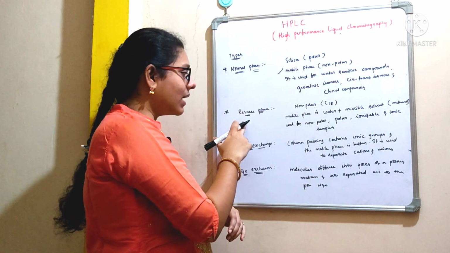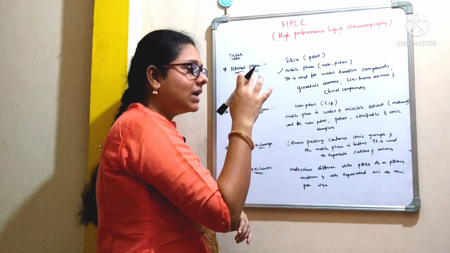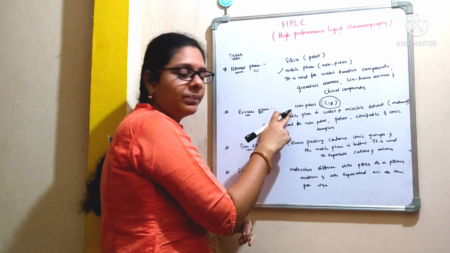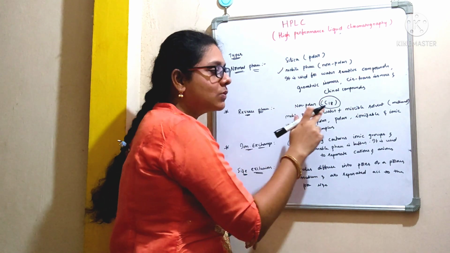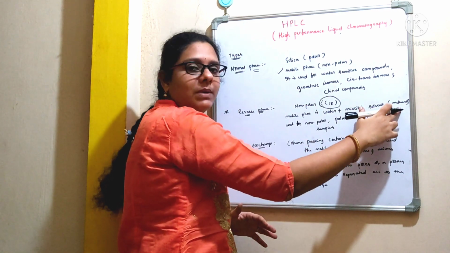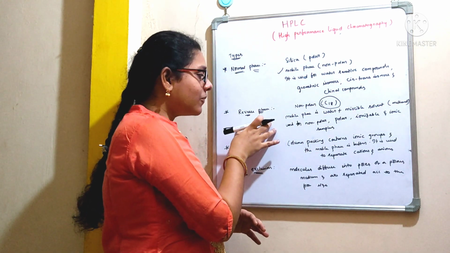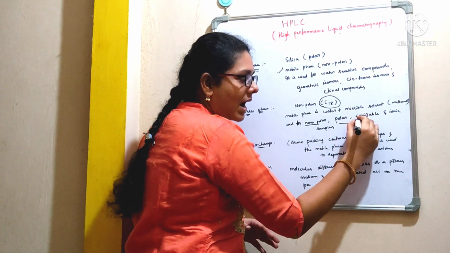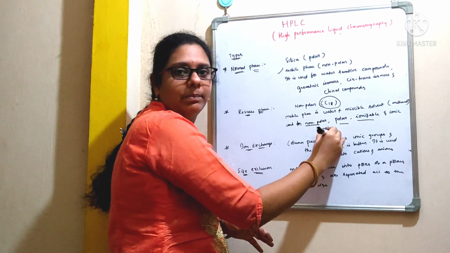Whereas coming to the second one, that is reverse phase, here the column is packed with C18, which is non-polar, and the mobile phase is water plus miscible solvent. Best example is methanol. And this reverse phase is especially used for non-polar, polar, ionizable and ionic samples.